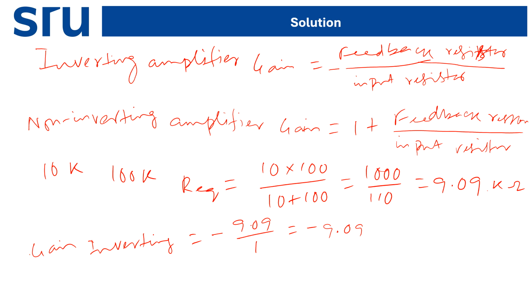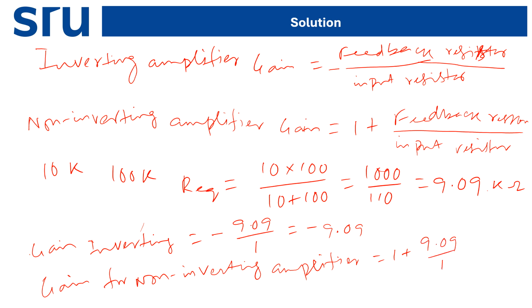Which type of amplifier can give that? From here it is very clear that we have to implement a non-inverting amplifier, which can give the gain. As you can see, the gain for the non-inverting amplifier here will be 1 plus this, equal to 9.09 divided by 1, which will be 10.09.